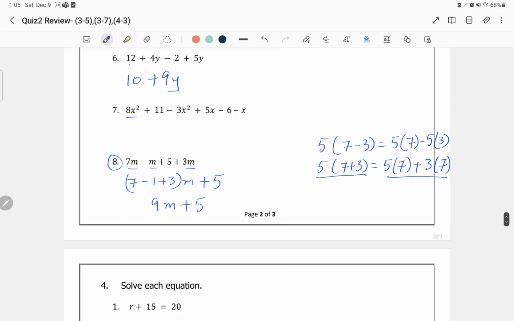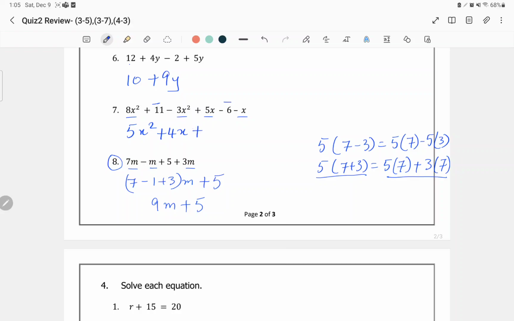Here you have 8x square minus 3x square gives me 5x square, and then 5x minus x gives me plus 4x. Then you have plus 11 minus 6.